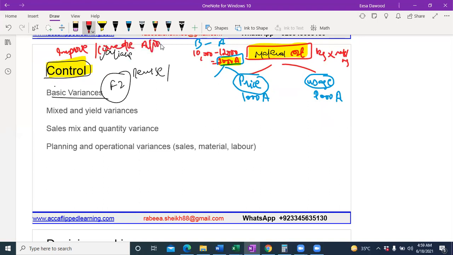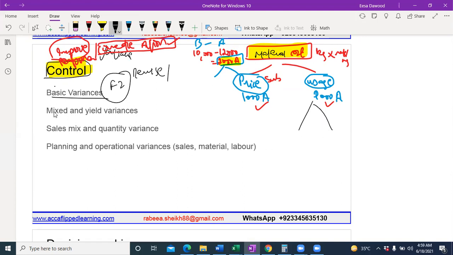Unless we know what the bottleneck or the problem is, and unless we investigate the total variance into sub variances, that this much is due to price and this much is due to usage, we won't be able to know what has been going wrong, we won't be able to take corrective action, and we won't be able to improve our performance. If you're not achieving a target, you need to understand what went wrong, and then you need to fix that so that it doesn't happen again and you actually achieve your objective. That is the role of a management accountant, right?